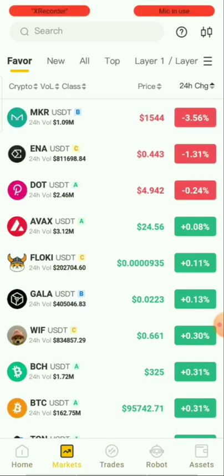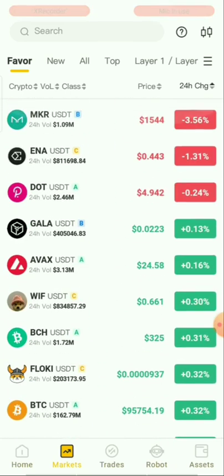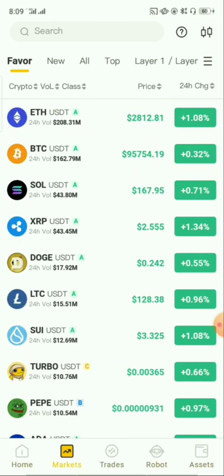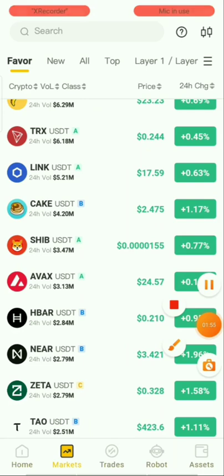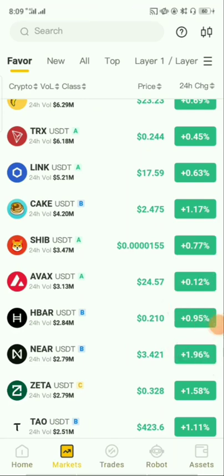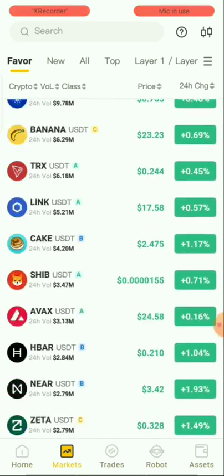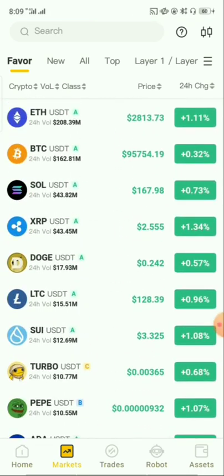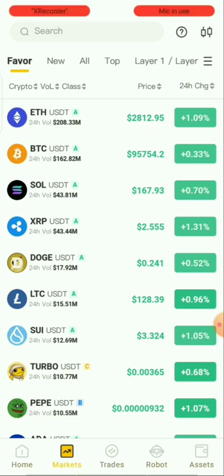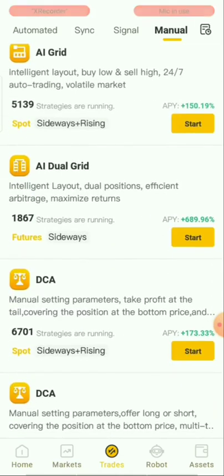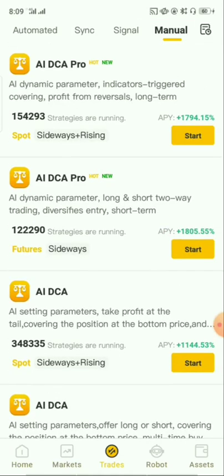And remember, you are not giving this money to anybody. You are not even keeping your trading capital in the robot. Your trading capital will be in your exchange. Whether you are using Binance or Bybit or BitGet, that is where your capital will be. And then the robot will be taking small dollars there to be trading for you on a daily basis and giving you the profits. Trading is risky.